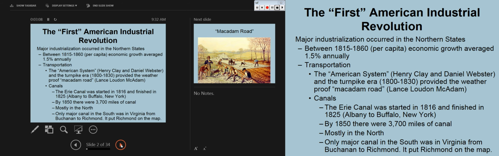All right, so the first industrial revolution, just as we talked about last year, begins in England and makes its way to the United States. This is in the new nation, post-American Constitution era.